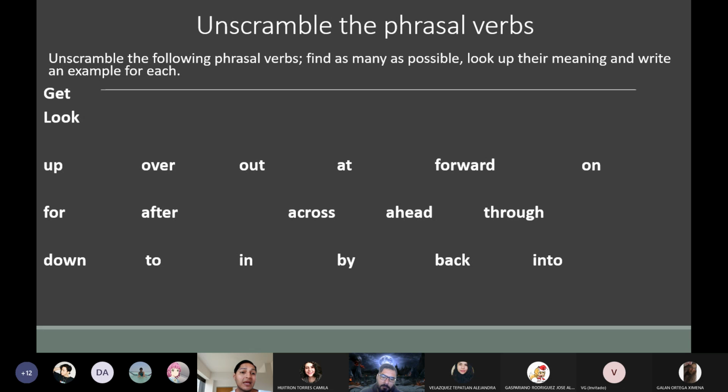I really need to get down to my homework. So the complexity of phrasal verbs depends a lot on the context you want to use them.